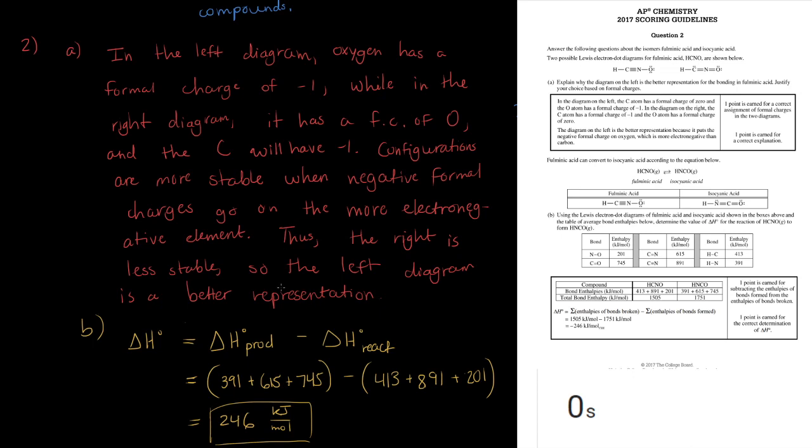Therefore, the right is less stable. To be honest, I think that I would earn both points here. Even though I technically didn't write the formal charge of carbon on the left as 0, I don't think it matters in this case. I think. Okay.